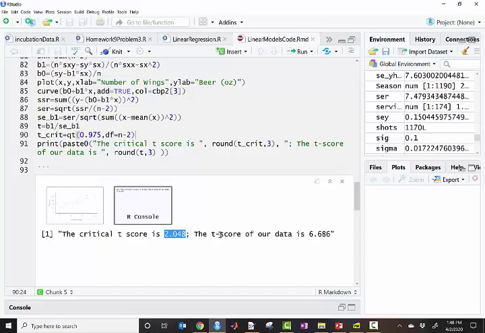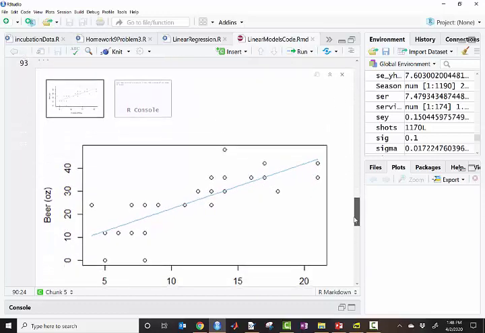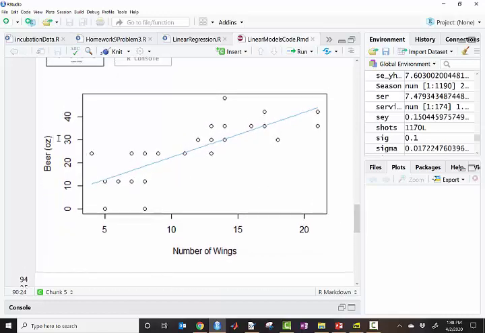The t-score for our data turned out to be 6.686, which is definitely a lot higher than the critical cutoff. So we can conclude that the slope of that regression line is significantly non-zero. There is a significantly positive relationship between beer consumed and number of wings consumed at this pub.